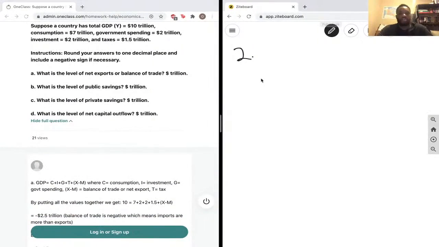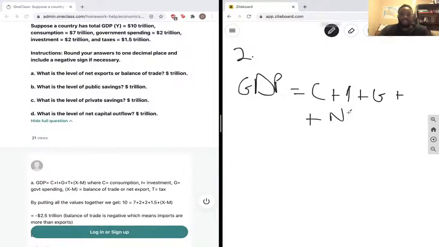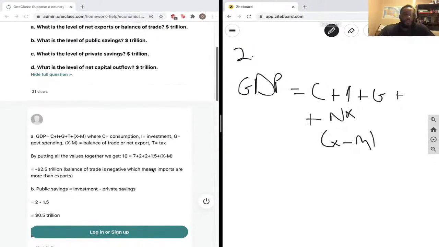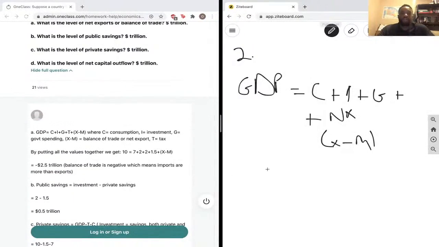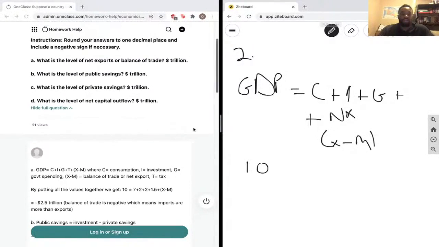And let's see what our tutor says here. So you say GDP equals consumption plus investment plus government spending. They included tax here, and you add NX, which is net exports, and that's also X minus M. So we know what GDP is, Y equals 10 from the question.